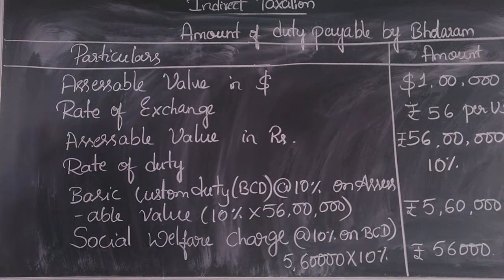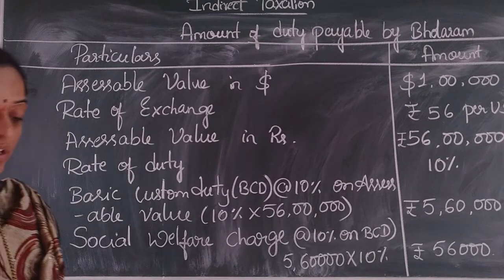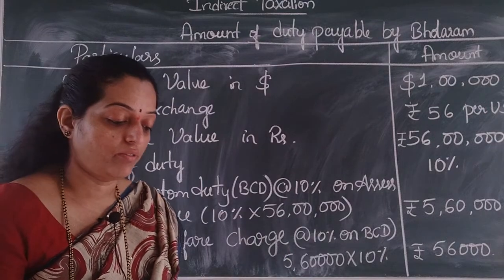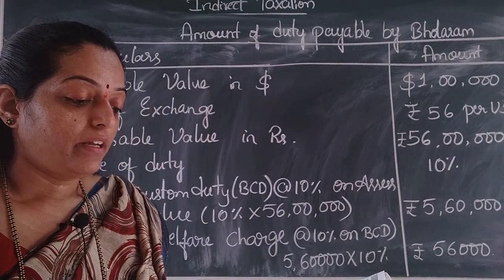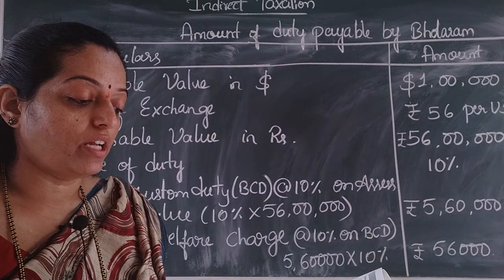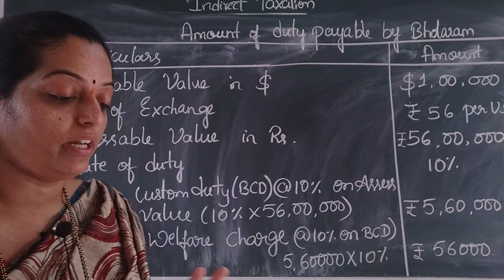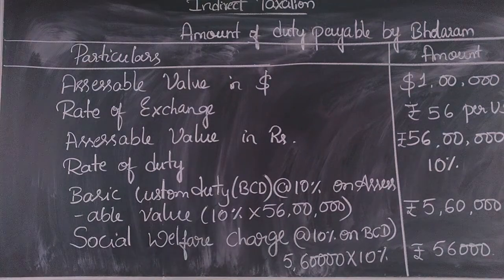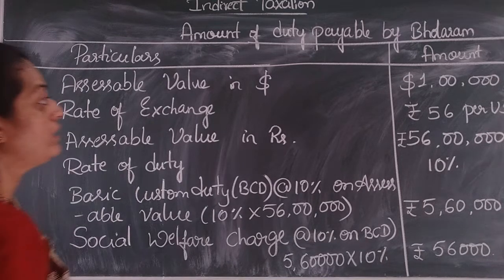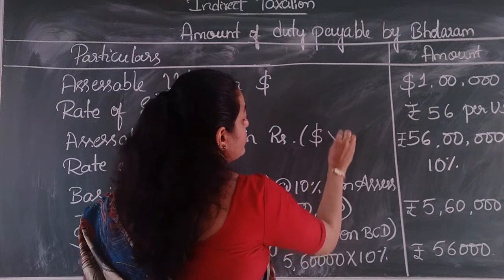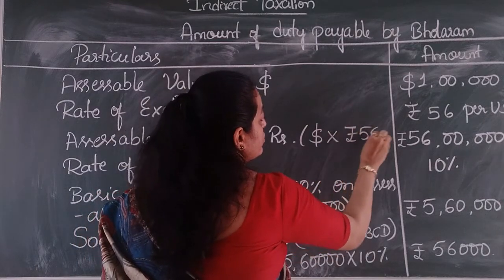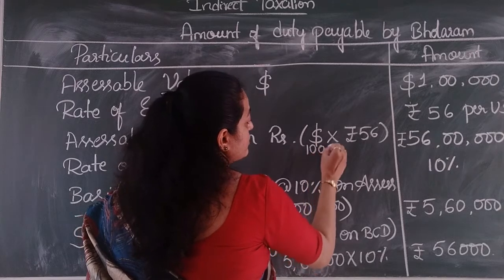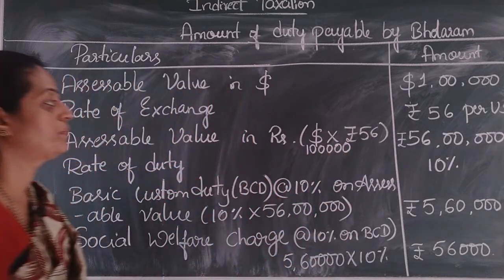See, once again I will explain. Assessable value in dollars is 1 lakh, and the rate of exchange is 56 rupees. We need to consider the rate in force on the date of presentation of the bill of entry for warehousing. So the 28th November rate we need to take, that is 56 rupees. Assessable value becomes 56 lakh, that is $1 lakh into 56 rupees.